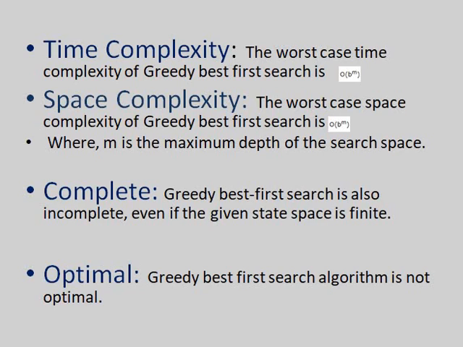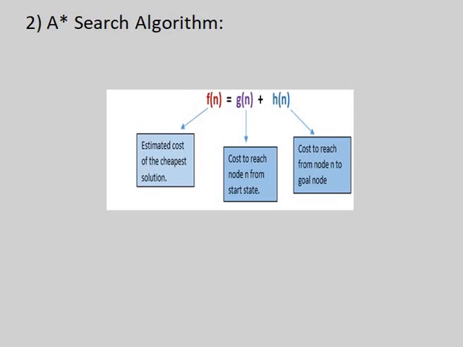Now let's see the second algorithm, that is the A star algorithm. This A star search algorithm is the most commonly known form of best first search, and it uses the heuristic function h of n, and the cost to reach the node n from the start state.